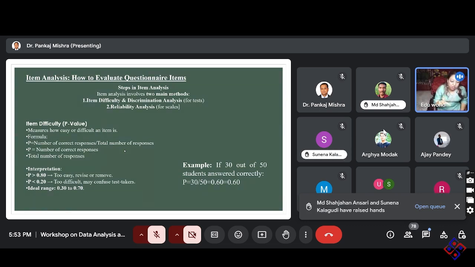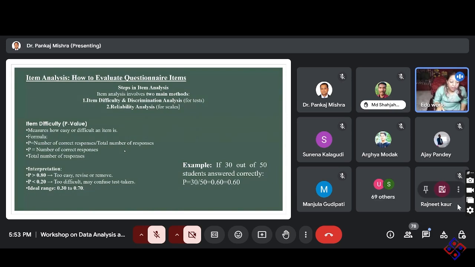Based on those questions that you have circulated and the answers that you have received, you have to find out the item difficulty. Item difficulty is nothing but the number of students who correctly responded to those items and the persons who wrongly responded to those items. It measures how easy or difficult an item is.